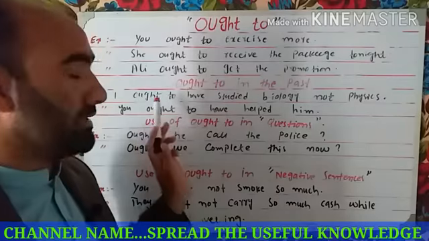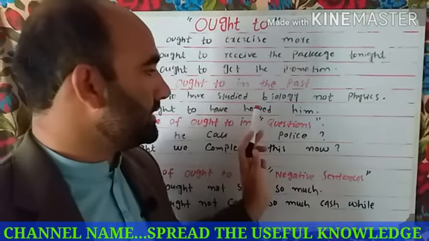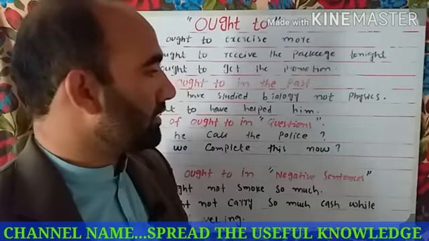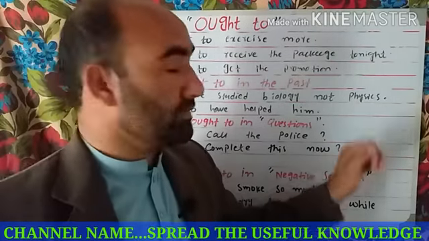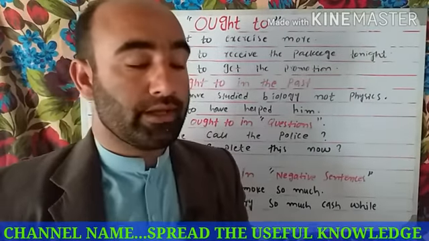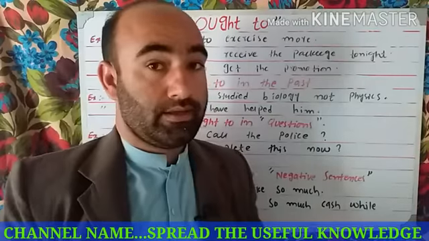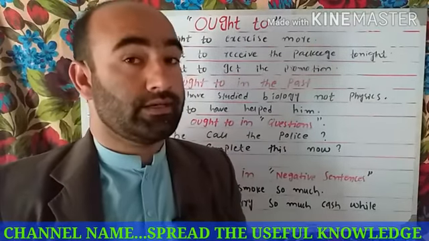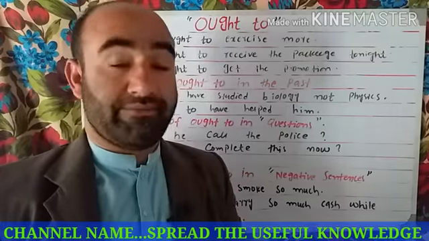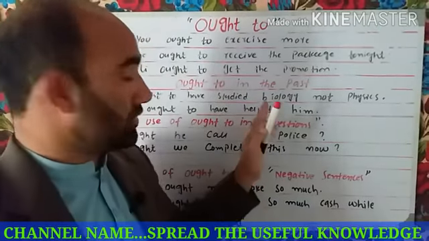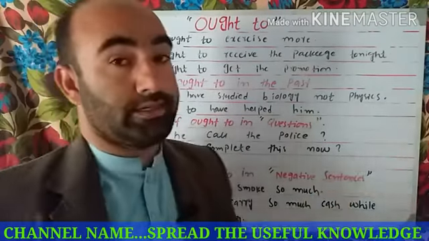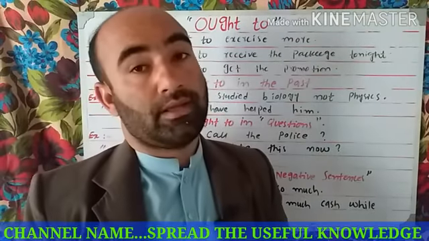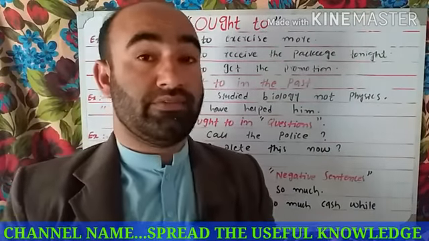Now look at the example: I ought to have studied biology, not physics. Here he studied physics, but now he is regretting it: why did I study physics? It would have been better to study biology instead of physics. So for regret, we use ought to plus the third form of the verb.